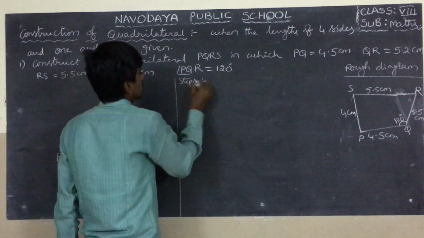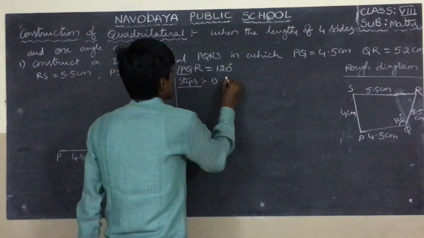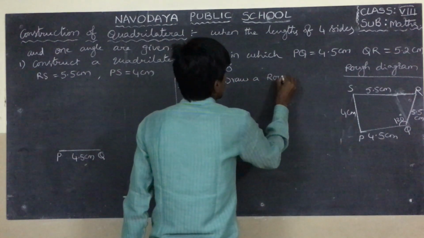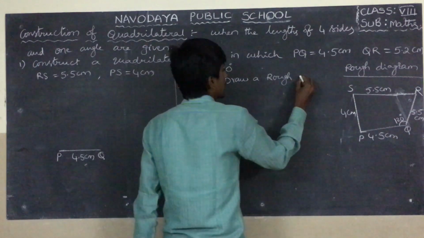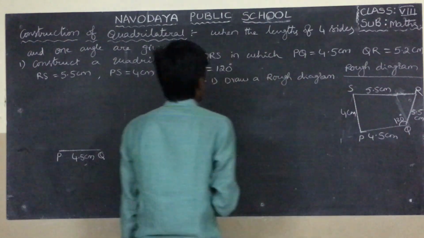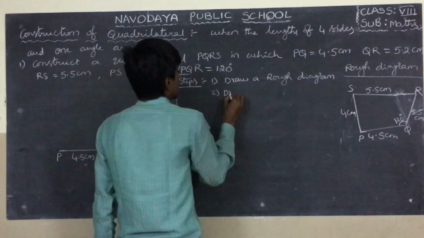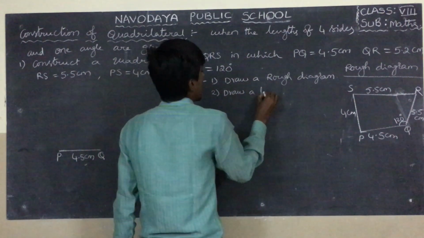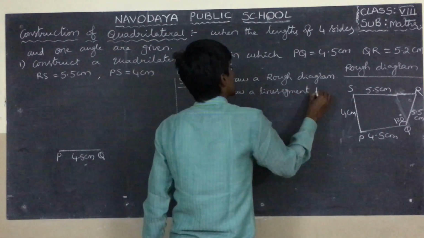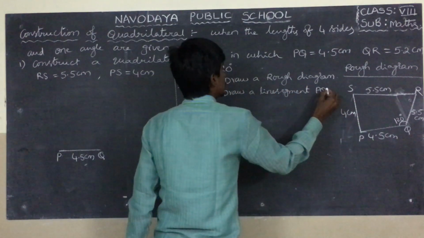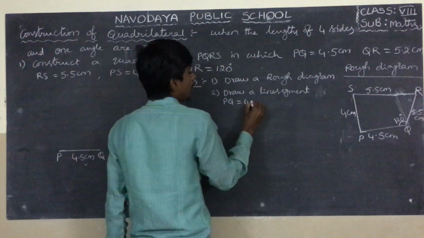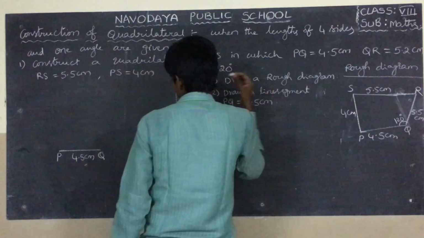Steps. First one. Draw a rough sketch, rough diagram. Second one. Draw a line segment PQ equals 4.5 centimeters.